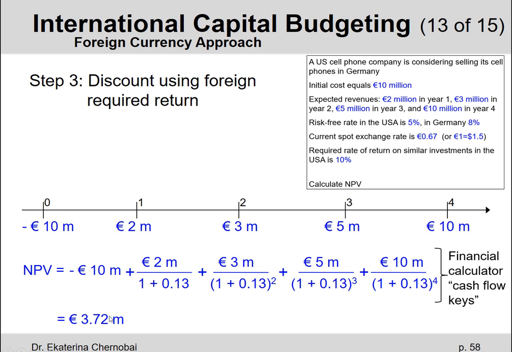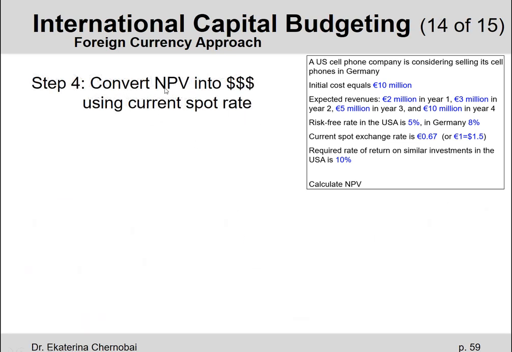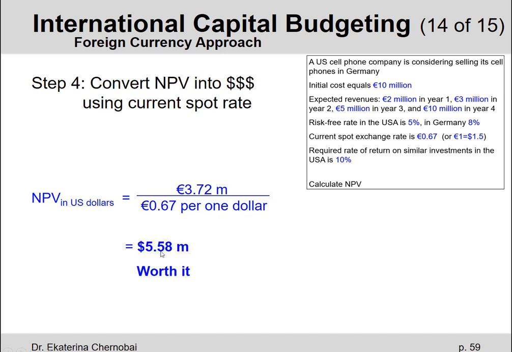The NPV in dollars will be last as the very last step, which is step number 4. Step number 4, convert NPV from euros into dollars using current spot exchange rate. That's given, 0.67 euros per dollar or $1.50 per euro. So the NPV in US dollars equals the NPV in euros, 3.72 million euros, divided by 0.67 euro per $1, which gives $5.58 million.